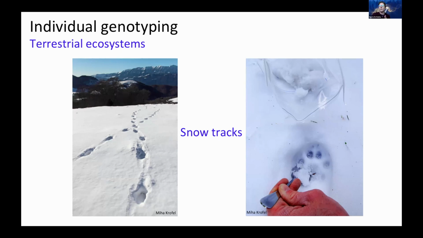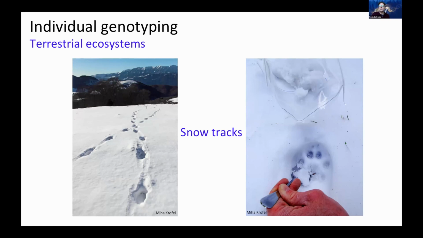And it's now been possible in snow, using snow tracks, because snow acts as a natural freezer, therefore helping the preservation of eDNA. Researchers have been trying to achieve individual genotyping for a long time, but we were able already more than 10 years ago to do species ID from snow, but probably the methodologies were not there yet to allow us to get to individual ID.